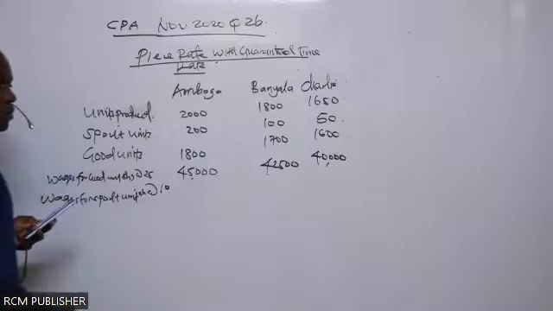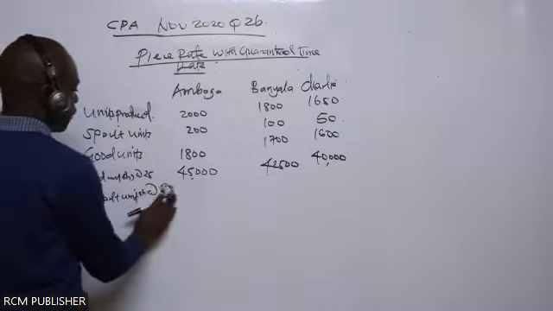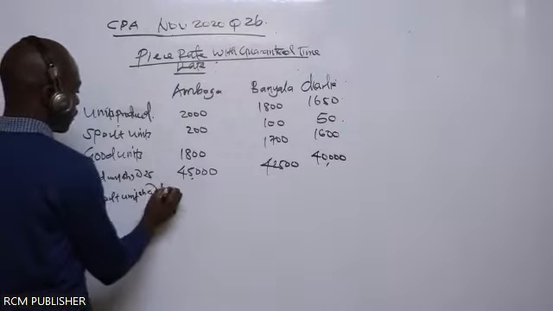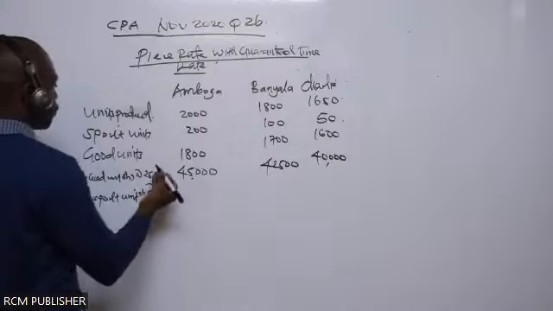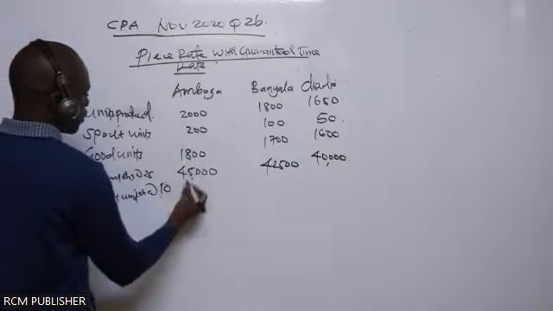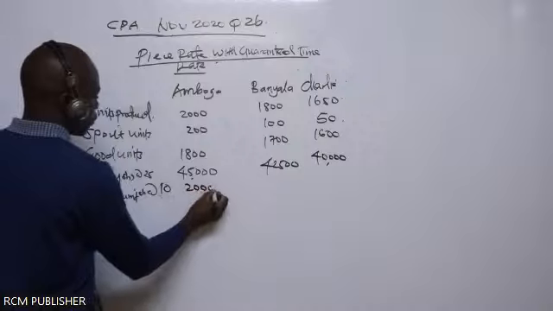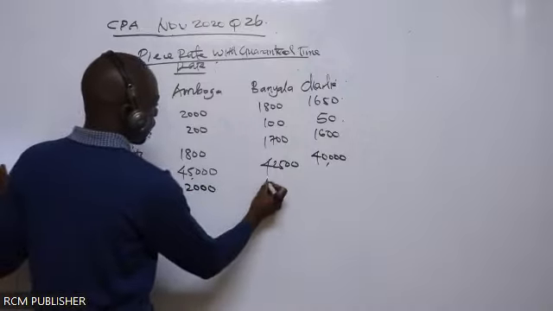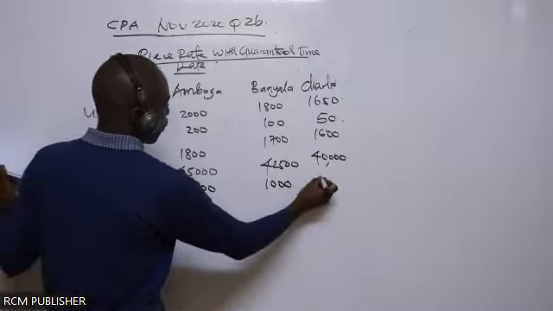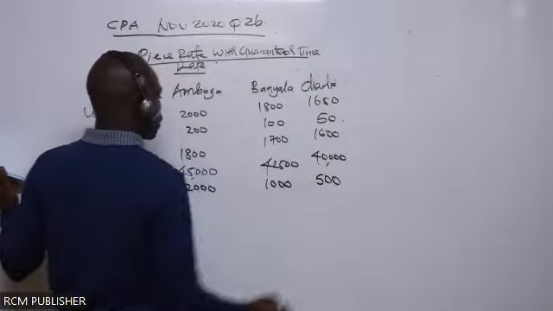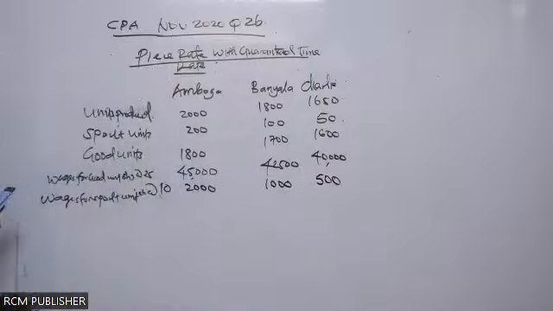So every spoilt product will be paid for at the rate of 10 shillings. So let's come to the spoilt. Here 200 by 10 will give us 2,000. Here will give us 1,000. Here we are going to have 500. That is wage that these people are going to receive for the spoiled goods that they produced.